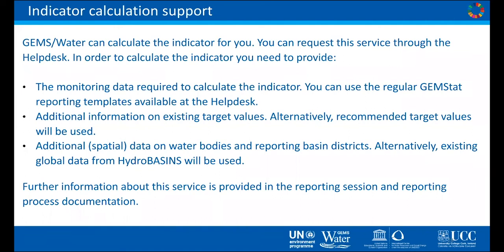Again, there is an alternative. If you do not have this information, we can use existing global data sets from hydro basins. There will be more about this indicator calculation support in the upcoming reporting online session and in the reporting process document that will be available soon on the support platform.